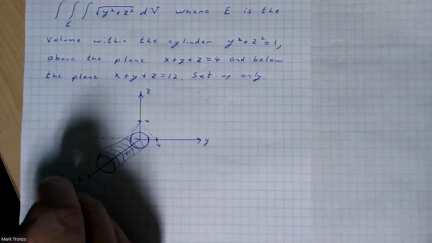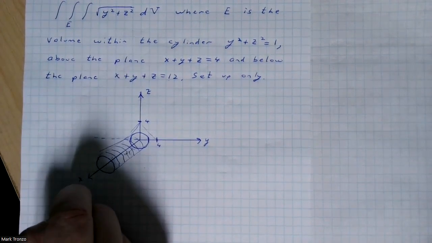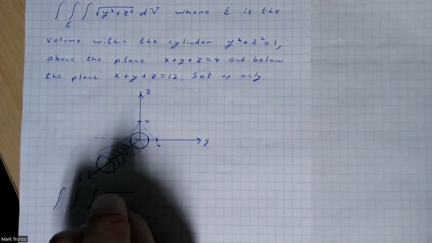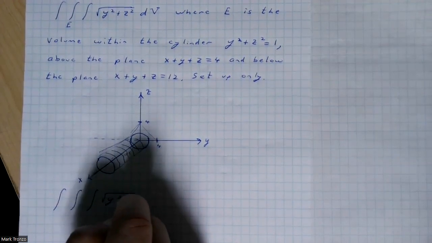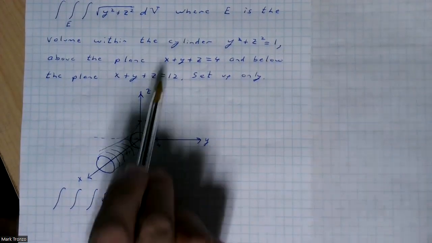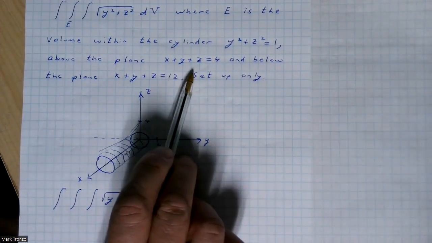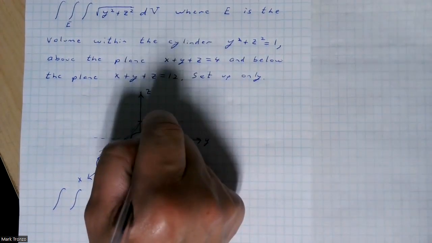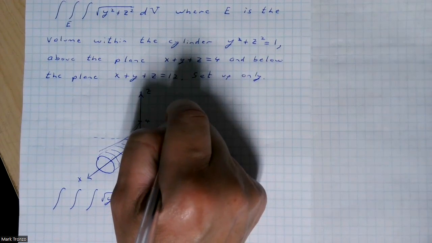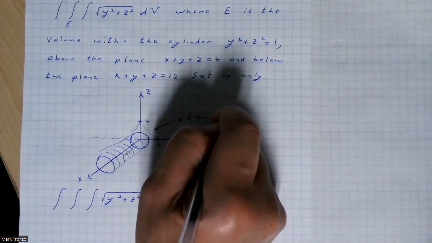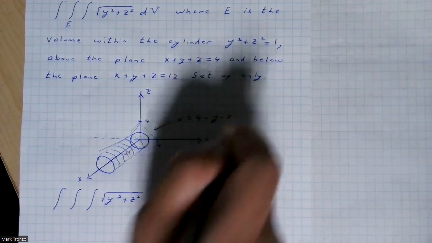And so the integrand is going to be y squared plus z squared as given. And then, like I said, if we start with x first, the lower plane is going to be here. So that's going to be the plane x equal 4 minus y minus z.